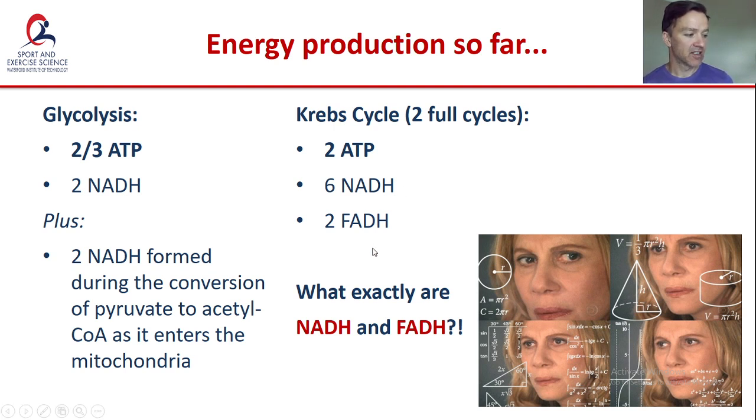Plus, 2 more molecules of NADH are formed during the conversion of pyruvate to acetyl coenzyme A as it enters the mitochondria. So during that conversion, we get 2 more NADH. The Krebs cycle, 2 full cycles of it, gives us 2 molecules of ATP, 6 NADH, and 2 FADH.